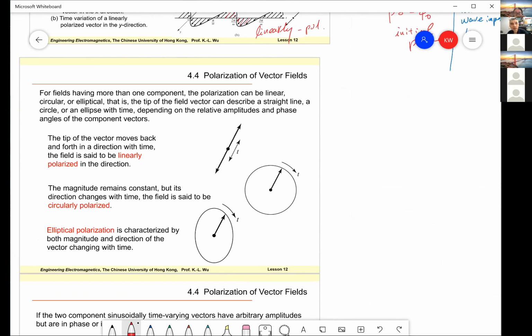This is a very, very useful wave people use. Let's say we all know GPS, or other satellite navigation systems, let's say Beidou. So we use circularly polarized wave.